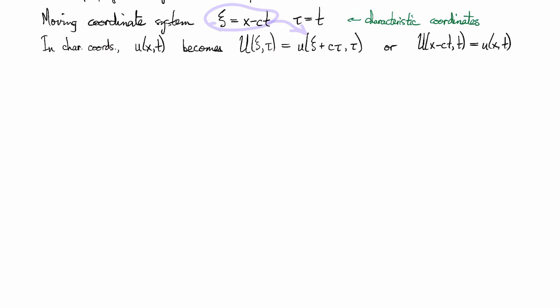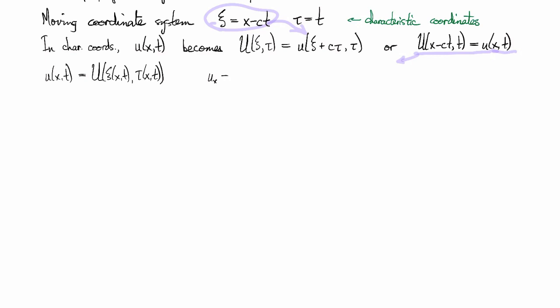And so in particular, let's take this latter formulation here, and I'm going to differentiate this with respect to time and space variables. So here we've got u(x,t) is capital U of ξ(x,t) and τ(x,t), and I want to differentiate this, so I'm going to need to use the chain rule.